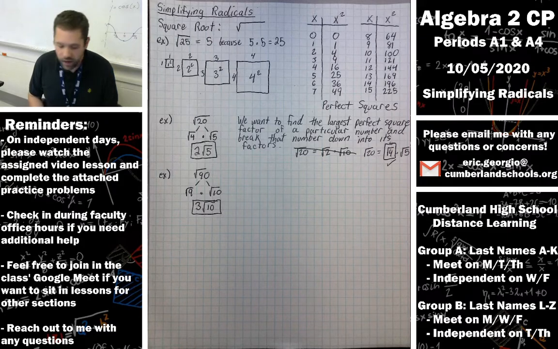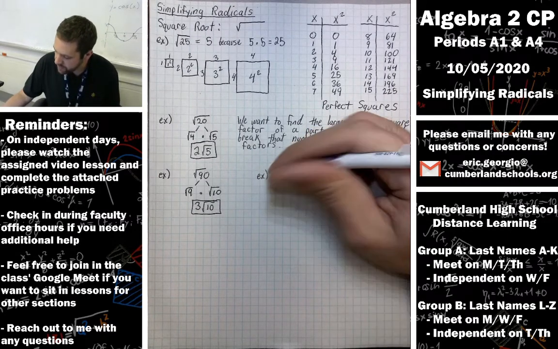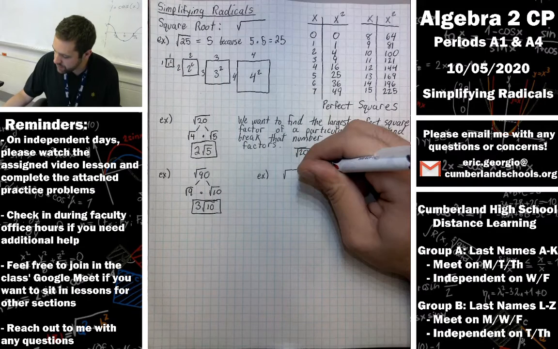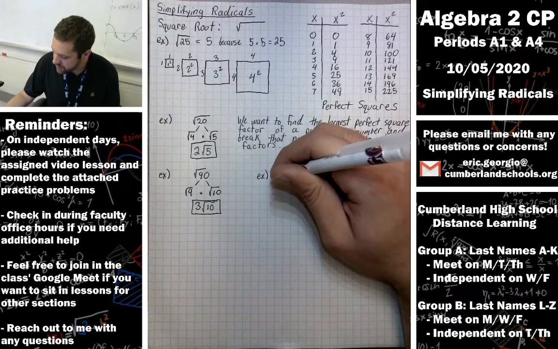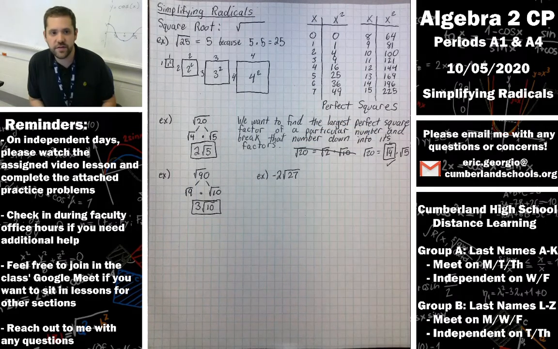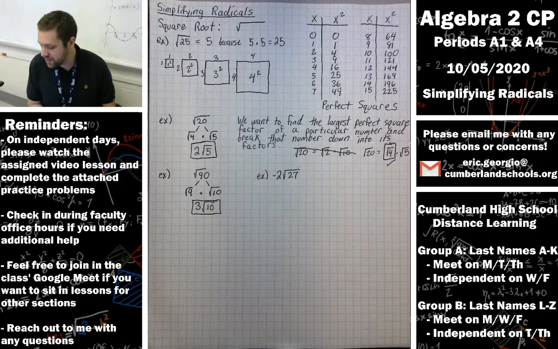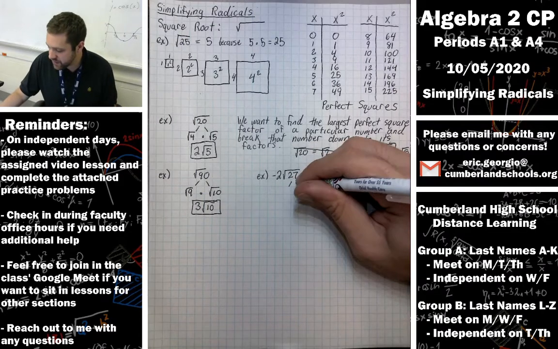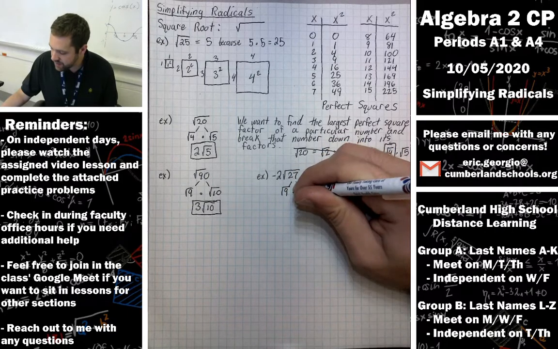All right. One more example. Ready? How about the square root of 27? And let's actually do negative 2 times the square root of 27. Oh boy. Throwing a number on the outside. Negative 2 times the square root of 27. What do I do? Do I panic? Do I freak out? No. We can simplify the square root of 27. We know that the biggest perfect square is 9, and 27 is 9 times 3.